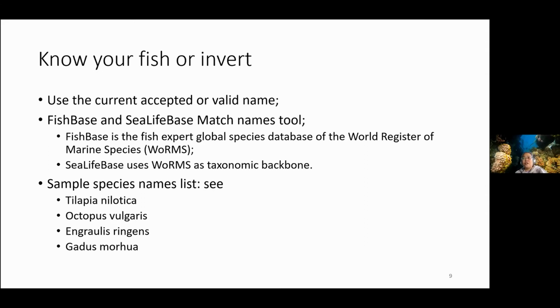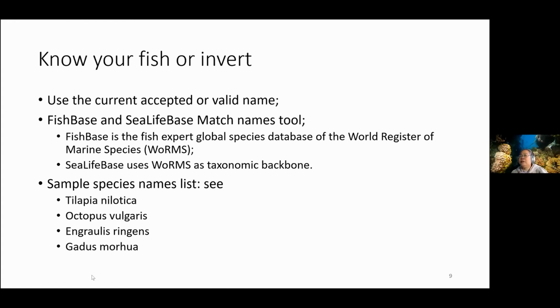We call it the match names tool in both FishBase and SeaLifeBase, and you will be able to actually find out if the names that had been published or that are available from a certain list are accepted.